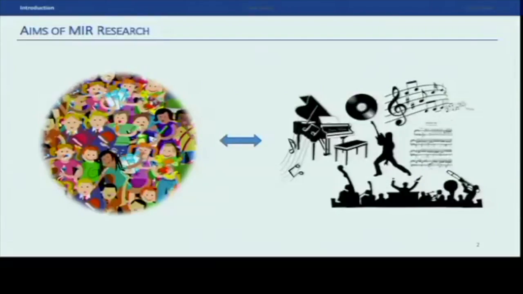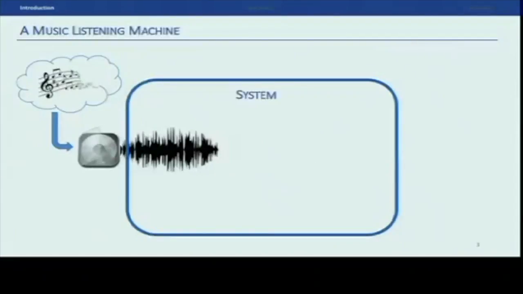In the particular case in which those systems are expecting as input the audio signal, the audio representation of a somehow intangible music instance, as Professor Wiggins mentioned, the music is not something tangible, then we talk about what we call a music listening machine.